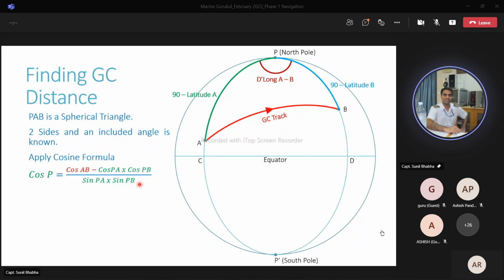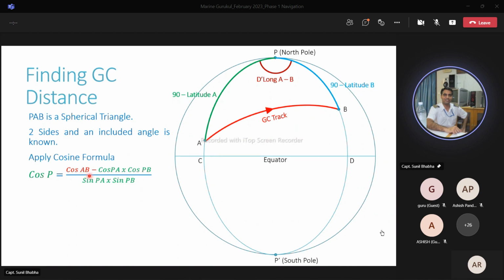So all these are marked in green, indicating that all these values are known to us. The only unknown in this equation is side AB. That's why it is marked in red. So we put these values in the formula and we can easily calculate the value of side AB. Once AB is known to us, it's a single step calculation in the scientific calculator.